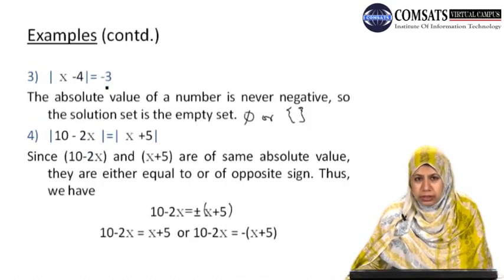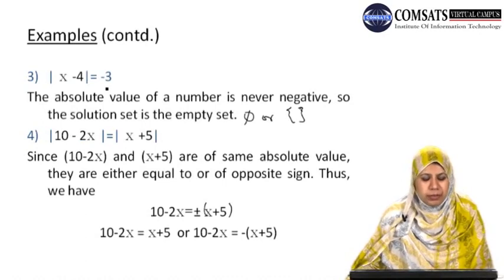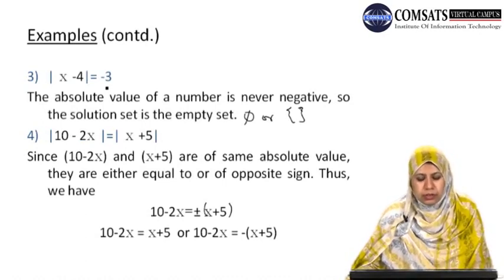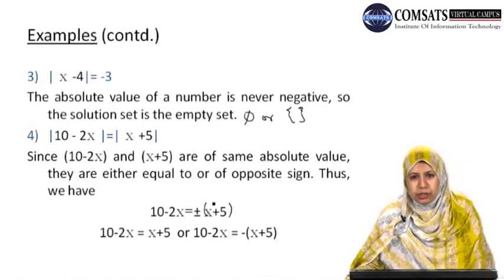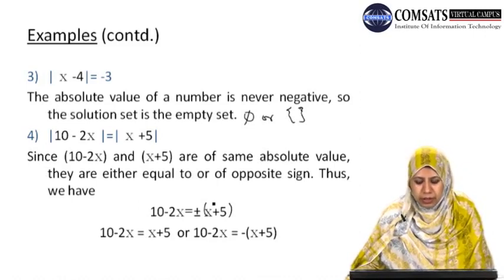In the third example, it contradicts the definition of absolute value, so no chance of removing the absolute sign. In the fourth example, we have removed the absolute value sign and put the plus minus sign in front of the right side of the equation. This was a small tip to see how we can solve absolute value equalities.